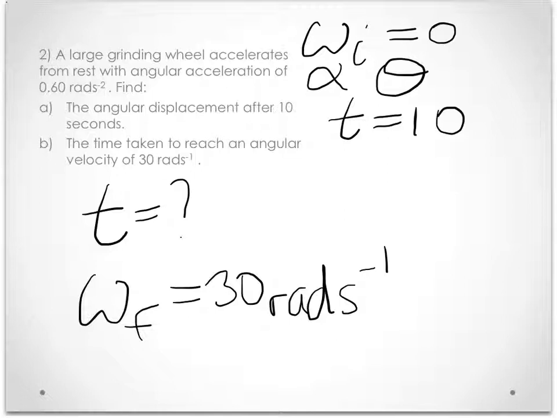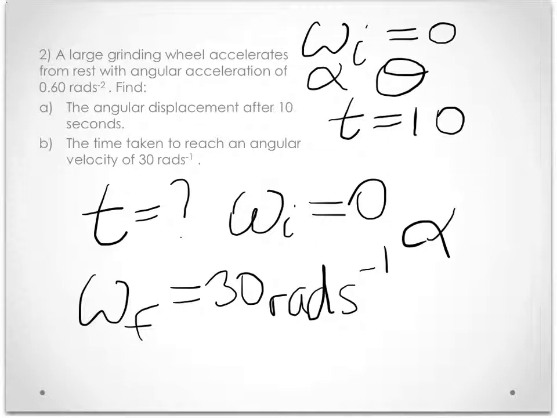One thing you do have to assume, I believe in this case, is that omega i once again equals 0. So you've got alpha equal to 0.6 radians per second squared. So those 4 things is what you need to use. Once you've had a go at these 2, you can pause it and then check the next slide for the worked solution.